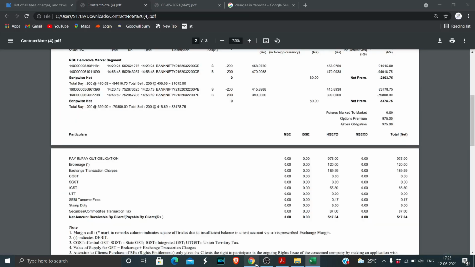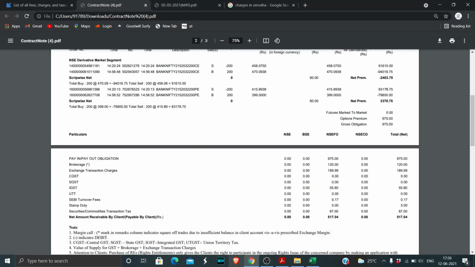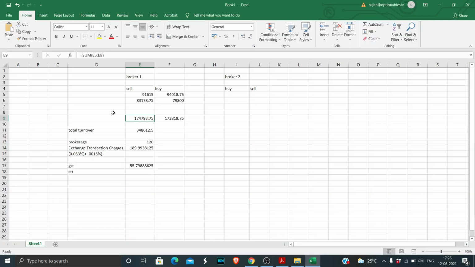So let us see what is the exact cost of STT. 0.05% on the sell side. So it will be equal to this, that is sell total turnover into 0.05%, which comes out to be around 87.39.